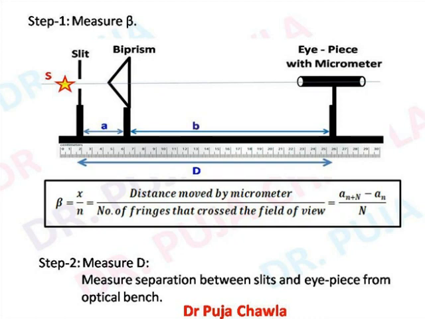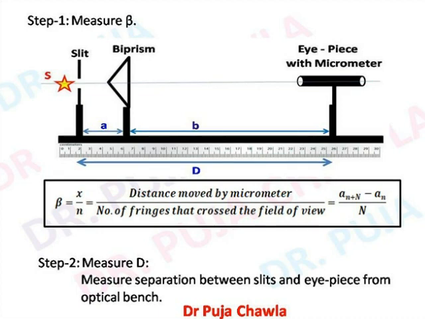This red color is the source of light. Now I will illuminate the slit with the help of the source. That means a fringe pattern is obtained on the eyepiece with the help of the Fresnel Biprism.